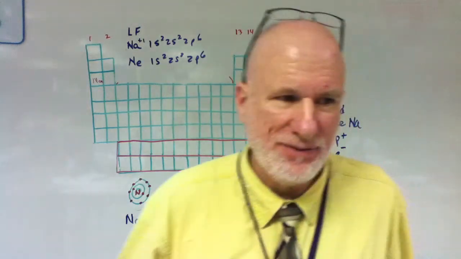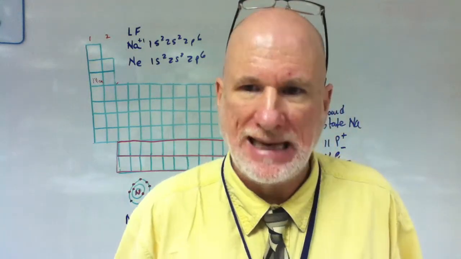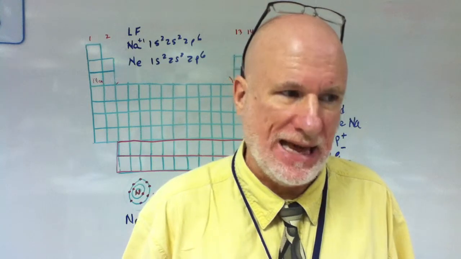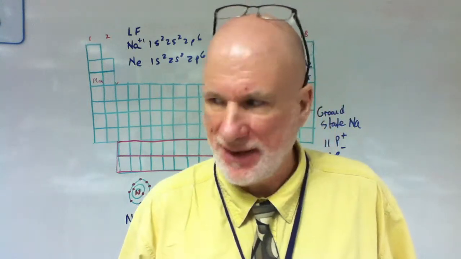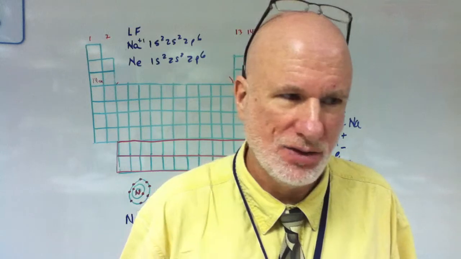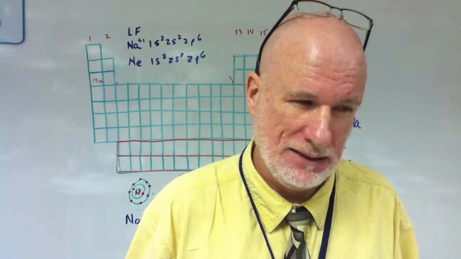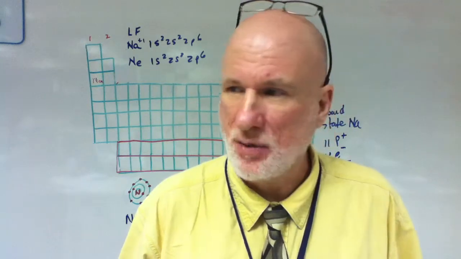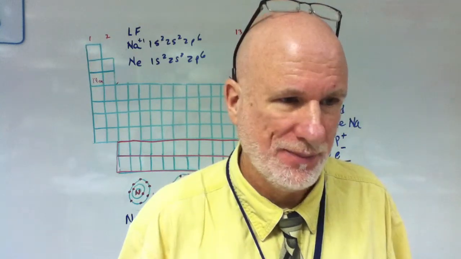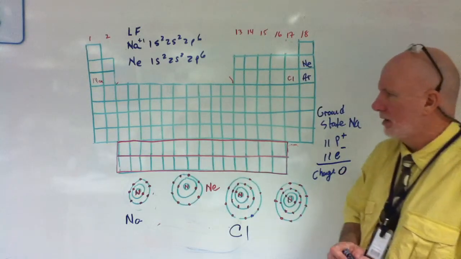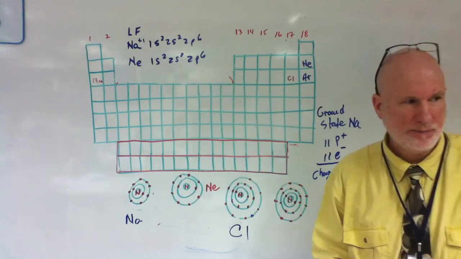If it has 11 positive charges and 11 negative charges, what is plus 11 plus a negative 11? 0. You told me you can add, right? What is the ground state of any atom? Equal to 0. Charge of 0. Is that all right?